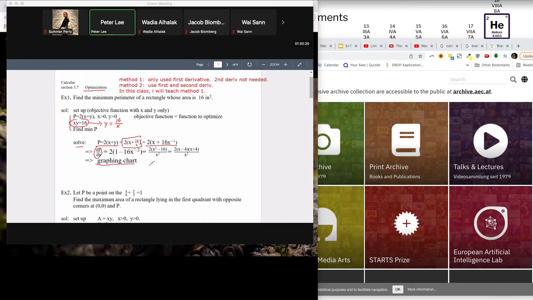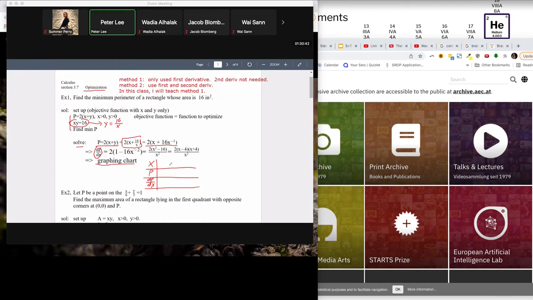So what we have is x, and we have y, we have p, and then we have p plus dp/dx. The second derivative, we don't need. So the chart is going to be simplified because we don't have a second derivative. Also, when it comes to optimization, the charts are usually very, very simple.